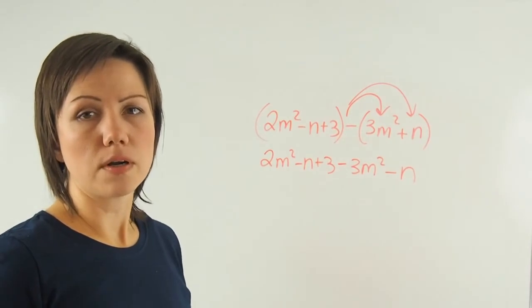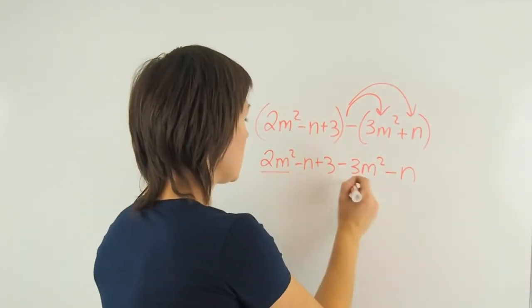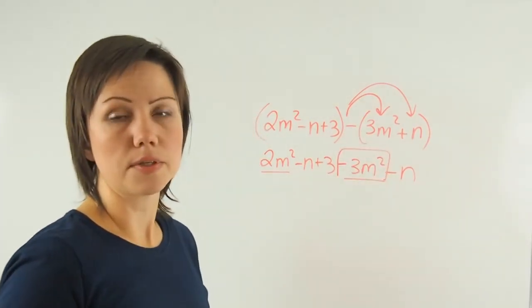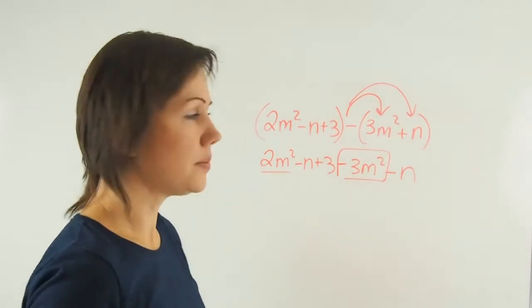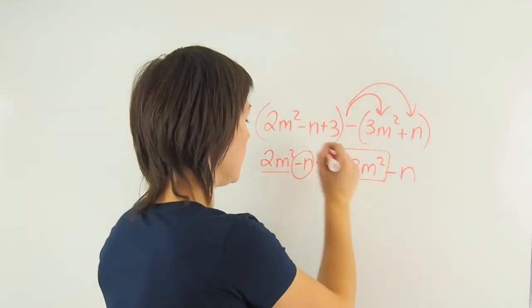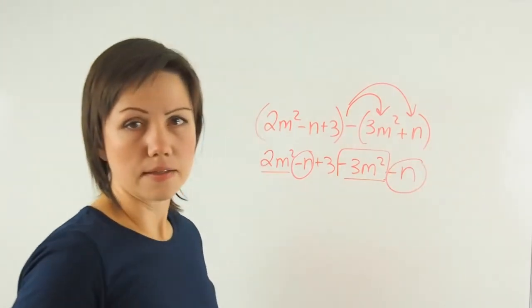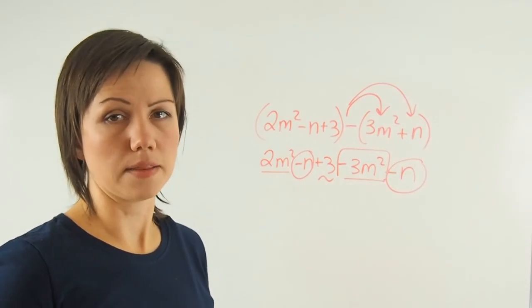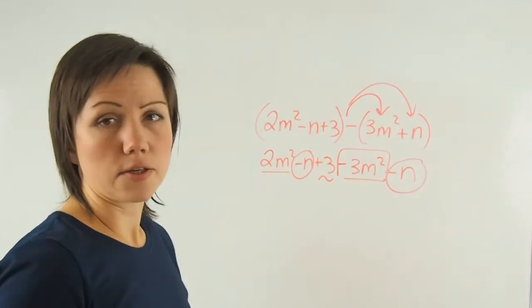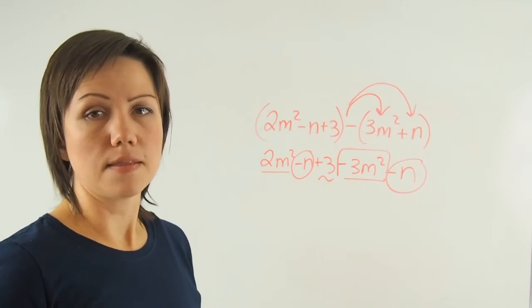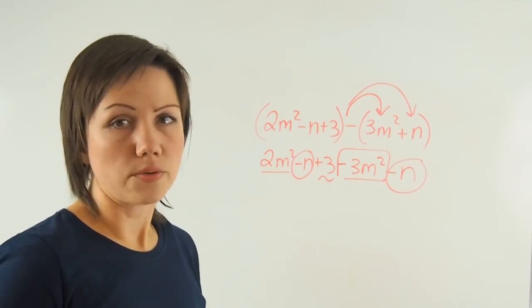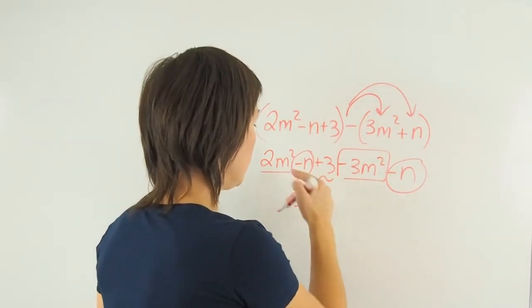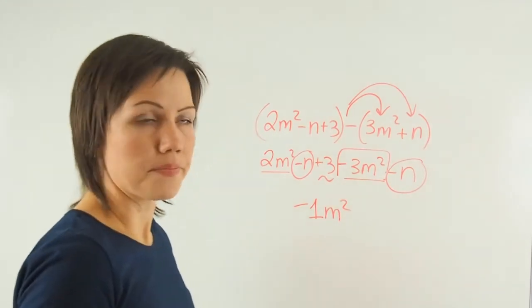Now I'm looking for the like terms. Like terms in this case are 2m squared and negative 3m squared. Remember that the sign goes with the term. Then another one is negative n and negative n, and then I still have 3. So I will combine like terms together by adding their coefficients and keeping the variables the same, not changing the exponents. So 2 and negative 3 gives me negative 1, m squared remains as is.